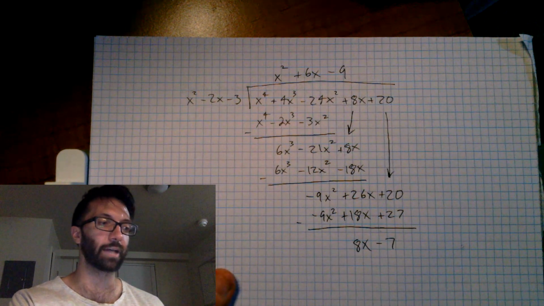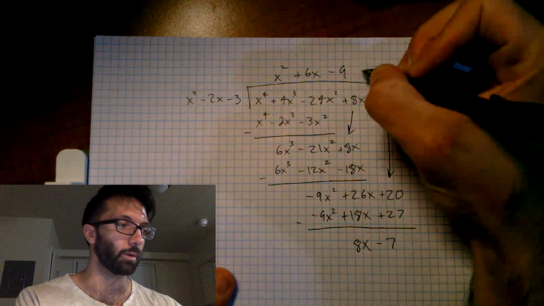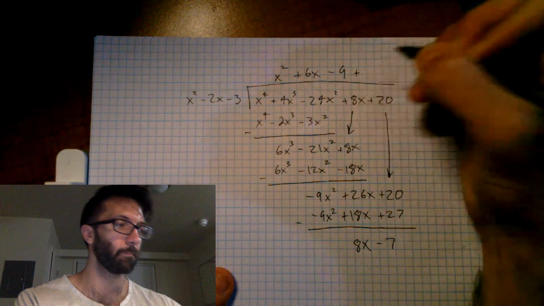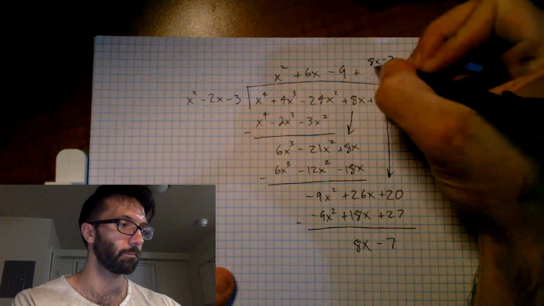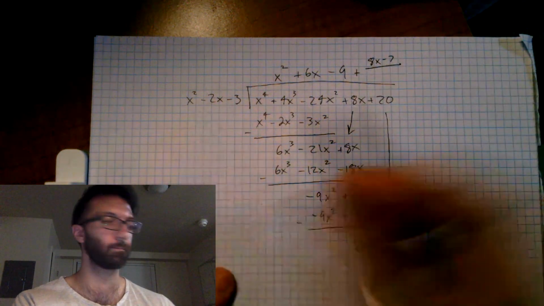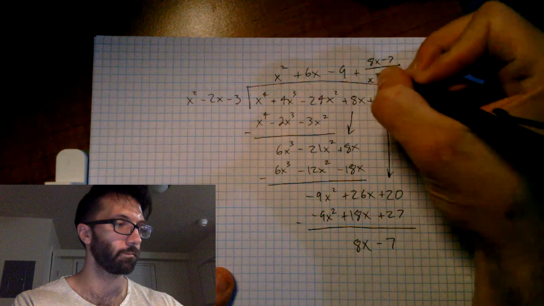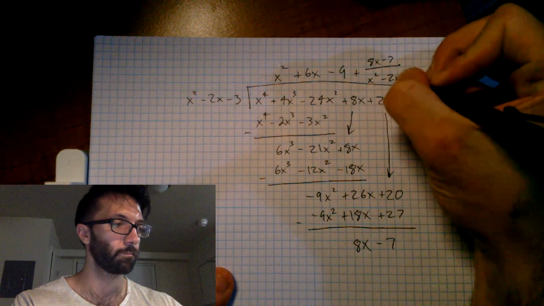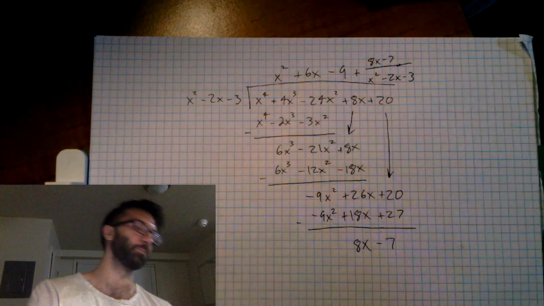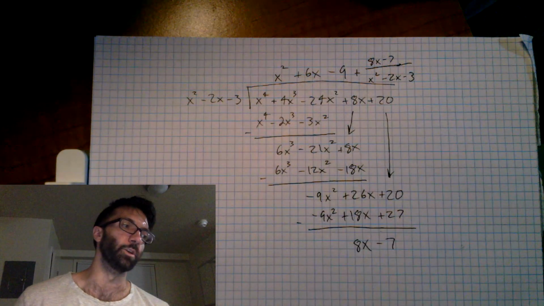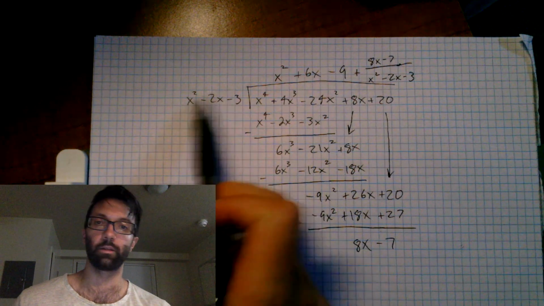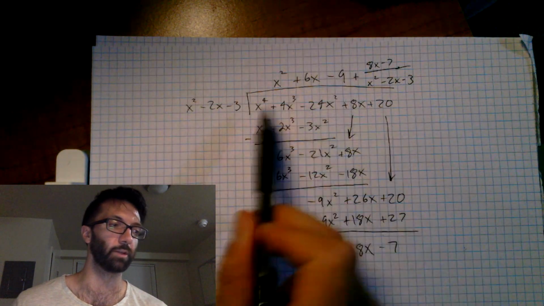So if you remember from the last one, what we're going to do is add this remainder over the divisor. All right. So this here is what you would multiply this trinomial here in order to get this polynomial.